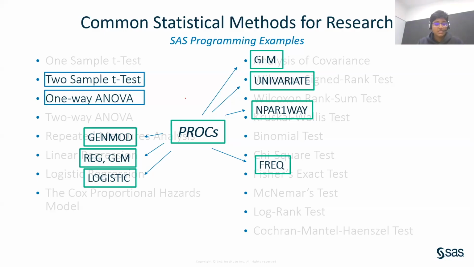Over and above this, when you talk about survival analysis, which is heavily used in the industry, in healthcare and life sciences, especially under research, you have a very specific procedure known as PHREG, the proportional hazards regression model. That's something you can use for a Cox proportional hazards model.